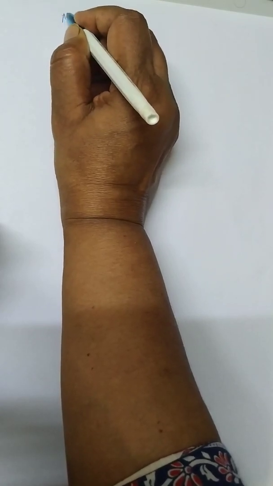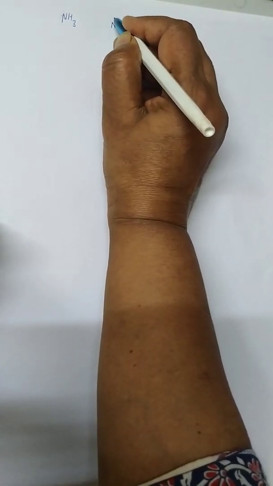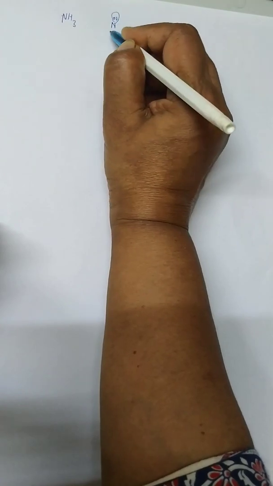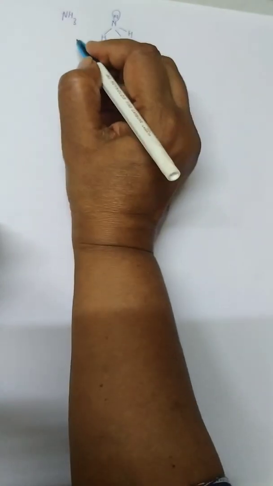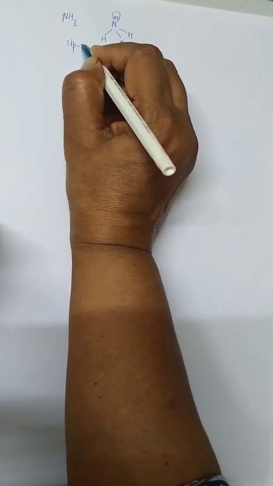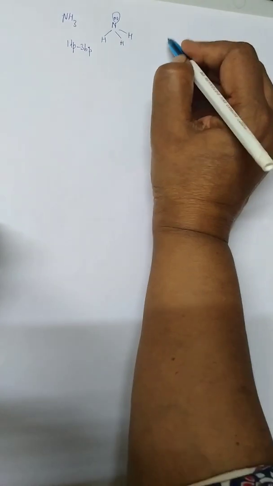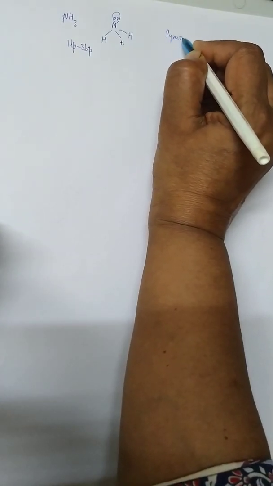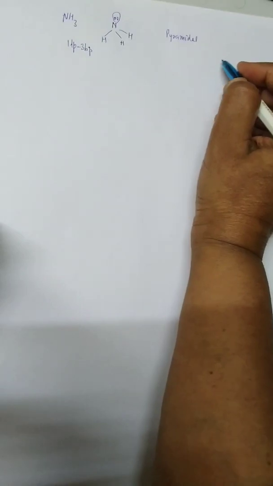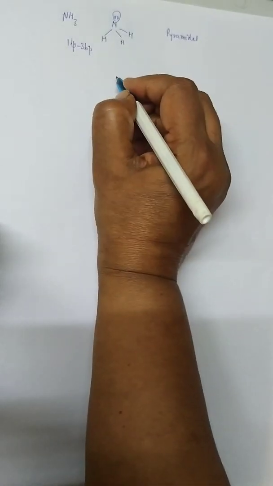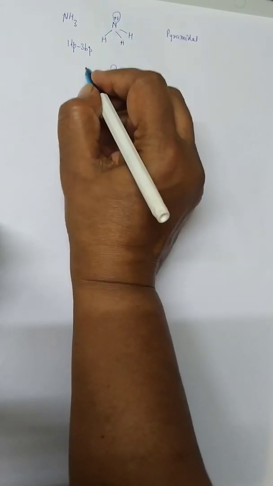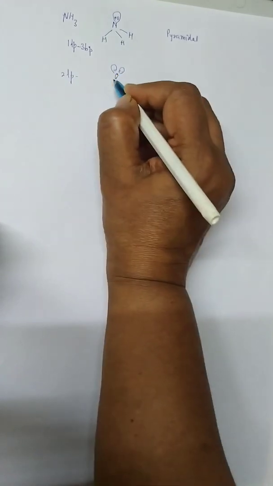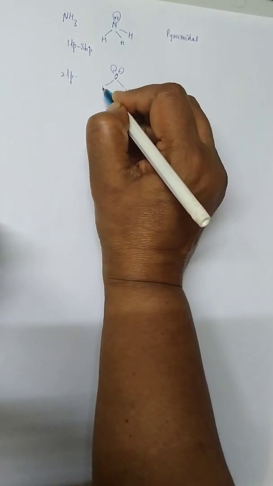Like NH3, the N has 1 lone pair and 3 bond pairs, and they have pyramidal geometry. Like that, in case of water, there are 2 lone pairs and 2 bond pairs with the hydrogen.